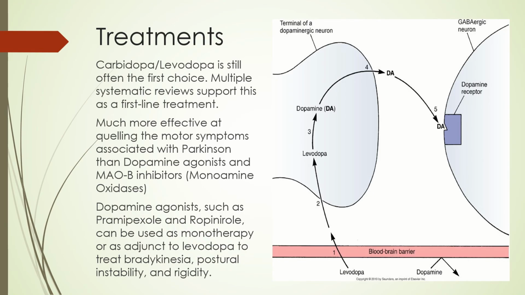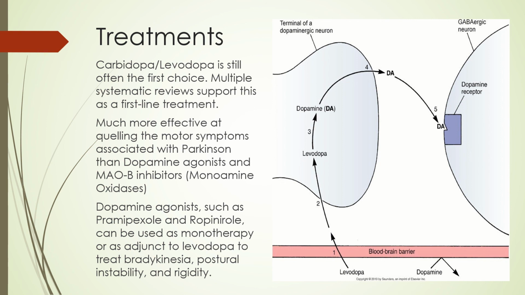So the leading treatment, our first line of treatment, would be carbidopa and levodopa. Levodopa is the prodrug of dopamine. The reason we use levodopa is because dopamine itself cannot cross the blood-brain barrier. There are 2 ways to get a drug across the blood-brain barrier. You can either inject it directly into the brain, or you can use a prodrug, which will metabolize after crossing the blood-brain barrier.